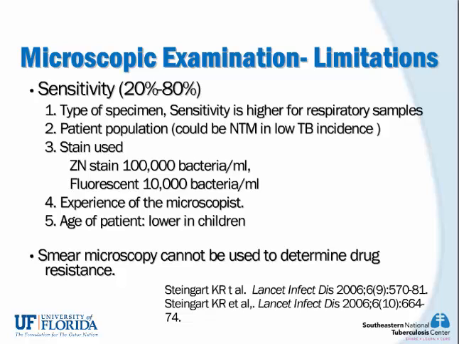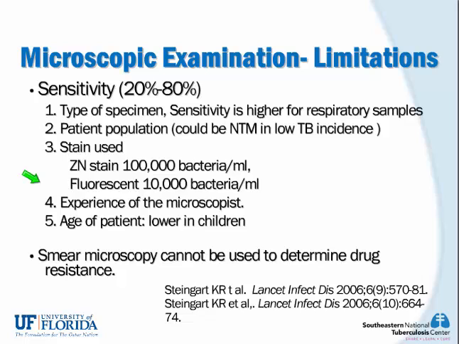Also, sensitivity is dependent on the stain used. For example, with Ziehl-Neelsen stain, it can detect 100,000 bacteria per ml, while the detection rate is better, with a lower amount of bacteria, for fluorescent stain, up to 10,000 bacteria per ml. So it varies with the method used. Also, it depends on the experience of the microscopist, if they have been experienced with seeing acid-fast bacilli or not.